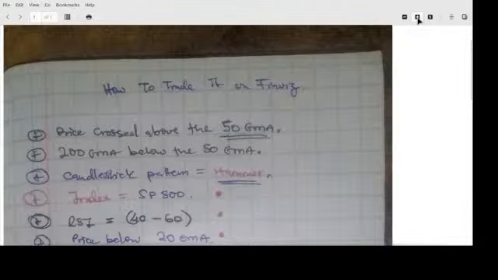Okay. Now I'm going to show you how to trade it on Finviz. Trying to look for another example of how it looks like. So the key is to avoid random patterns.